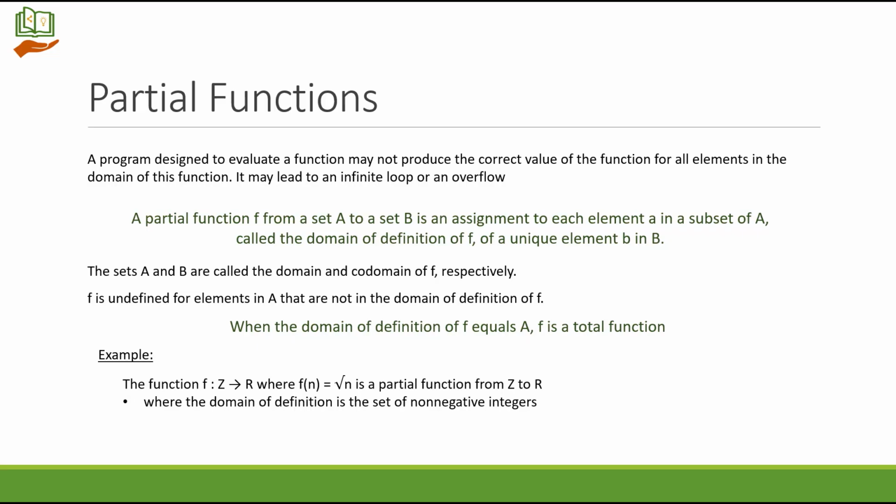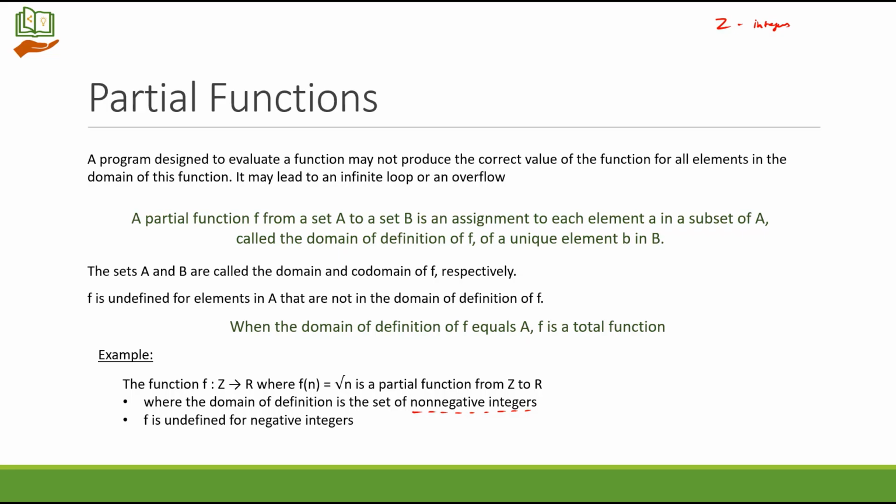The function mapping from integer to real number where f of n is equal to root of n is a partial function from Z to R, where the domain of definition is the set of non-negative integers. Z means it is integers, but the domain of definition is sticking only to non-negative integers. F is undefined for negative integers.